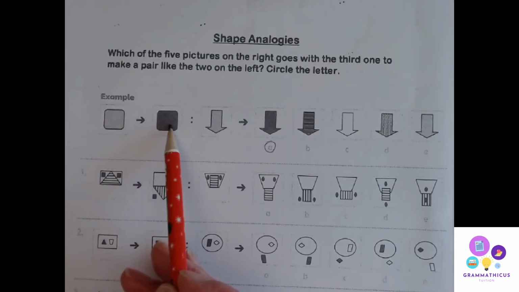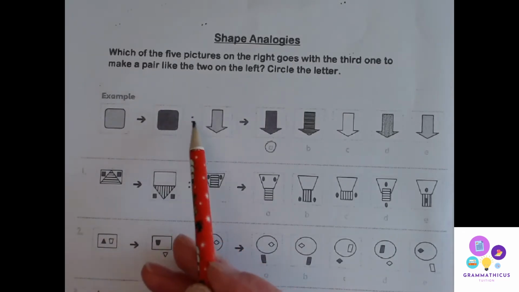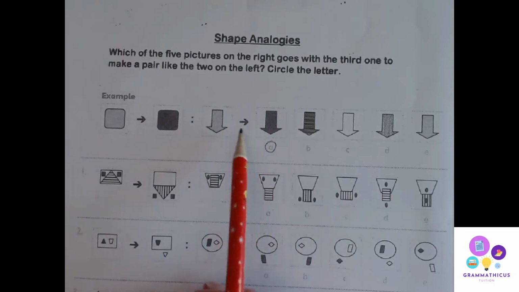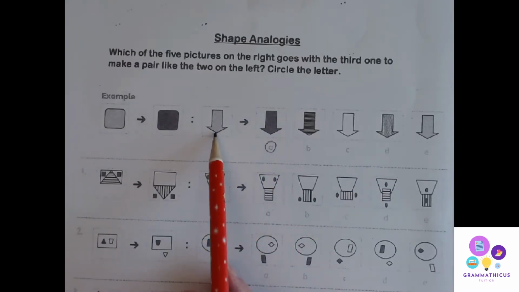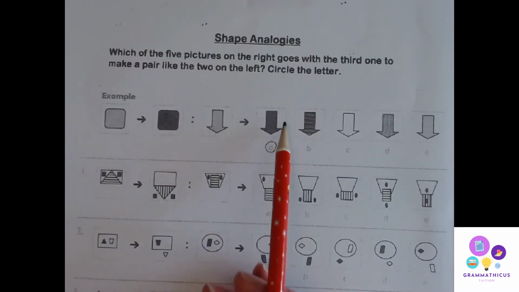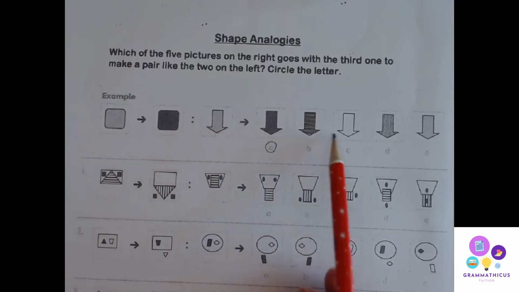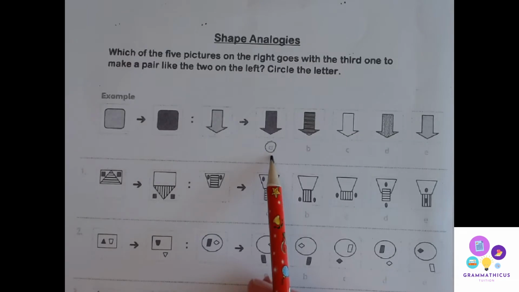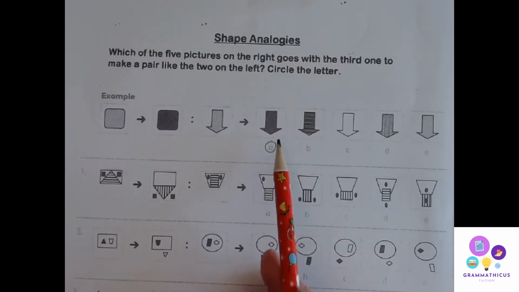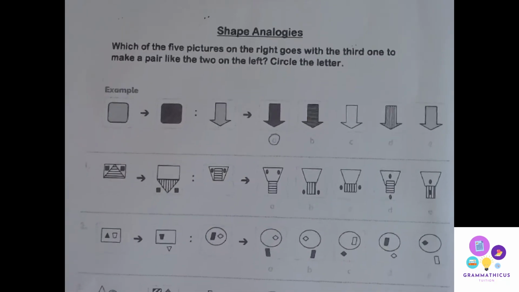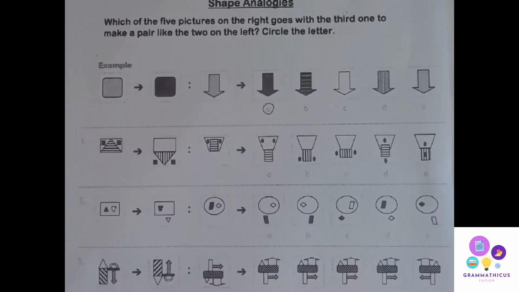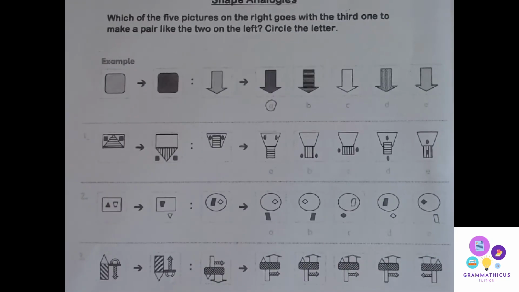It didn't change its orientation. It didn't become a diamond shape. It remained in the same orientation. So all we're looking for on this example is the change in colour. And if we look across to our possibilities over here, we can see that we have one that's dark grey that's been circled A.